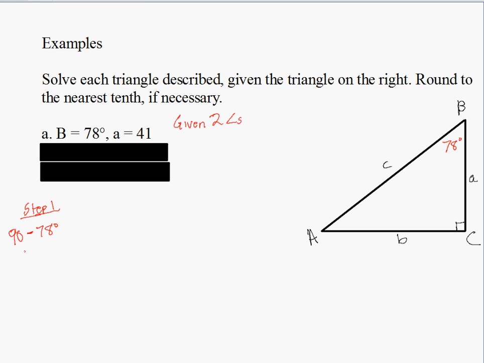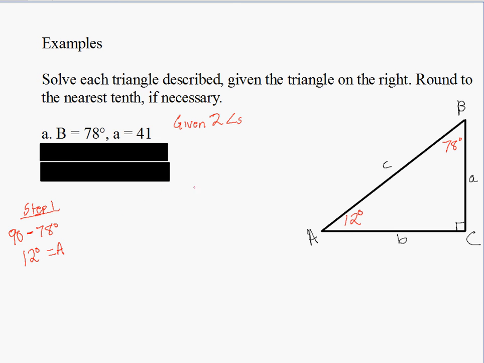So we are given 12 degrees, and this is equal to the angle that we are not given. So this has to be 12 degrees because 78 plus 12 is equal to 90, and there's 180 degrees in every triangle, so that's where that's coming from.